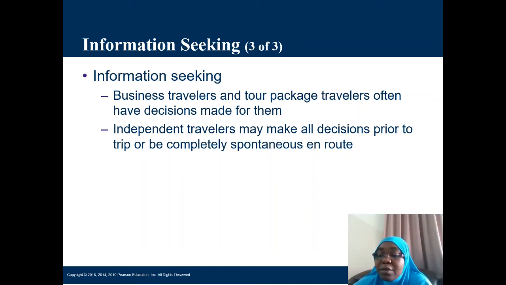Take for example, you want to attend a business trip, you want to go for a conference, or do other things related to your business. Then there are some decisions that may have been made for you, for example, the arrival date and the departure date, and so on and so forth.